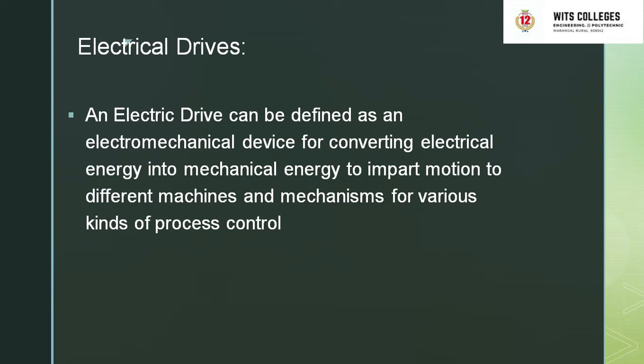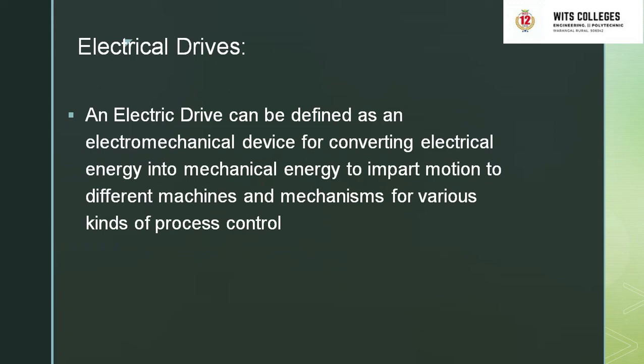Motion control is required in a large number of industrial and domestic applications like transportation systems, rolling mills, textile mills, pumps, washing machines, etc. The system employed for motion control is known as a drive.